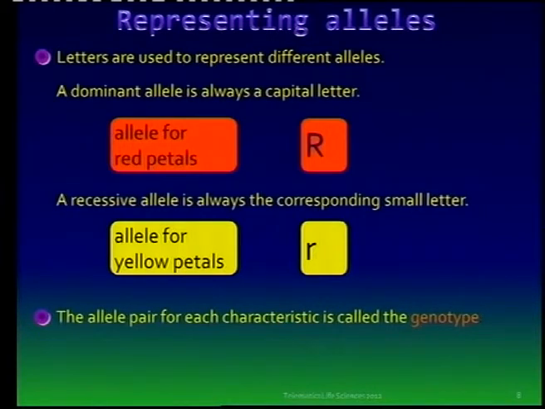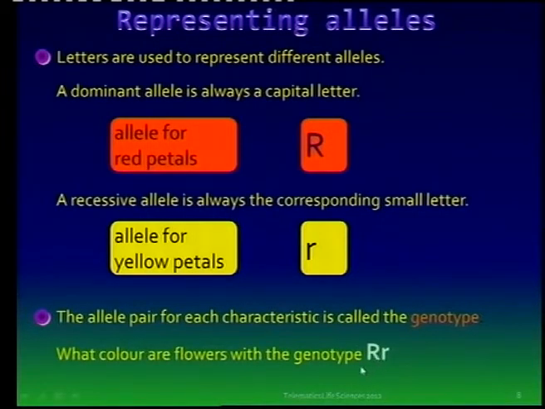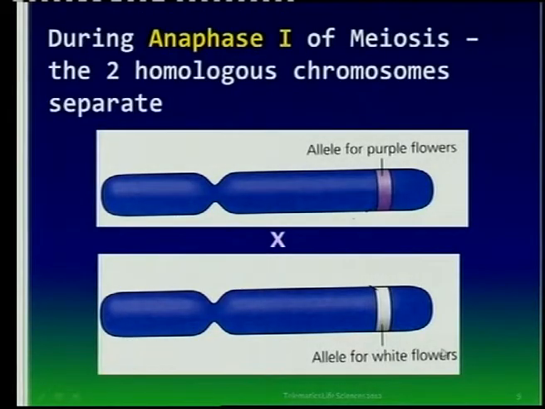Very important, don't use two different letters. We use exactly the same letter. And this will then be the characteristics of your genotype. In this instance, for the heterozygous organism, the genotype will be capital R, small r, which means it's heterozygous, and the phenotype is red, which is dominant.